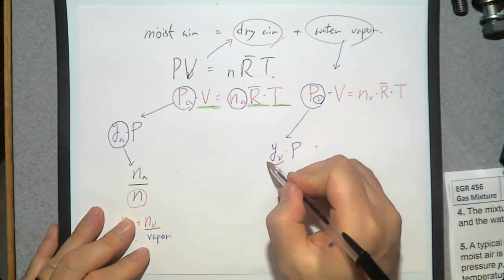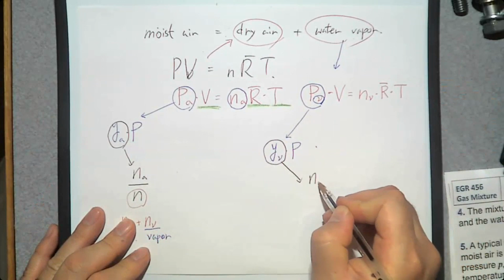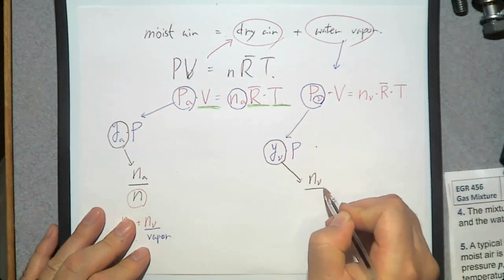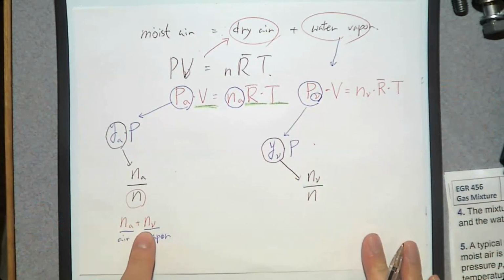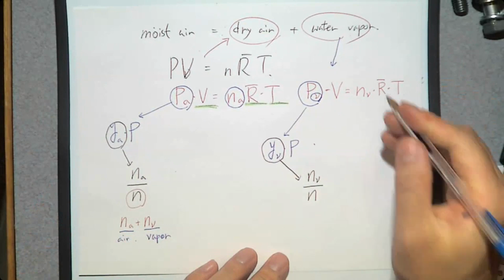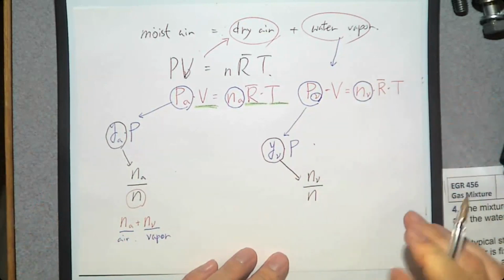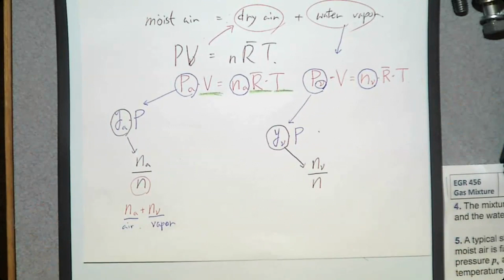And this mole fraction can be determined by the number of moles of water vapor over the total number of moles, which is Na plus Nv. And this one is the number of water vapor. So that's how we apply the ideal gas equation on a molar basis for dry air and water vapor.